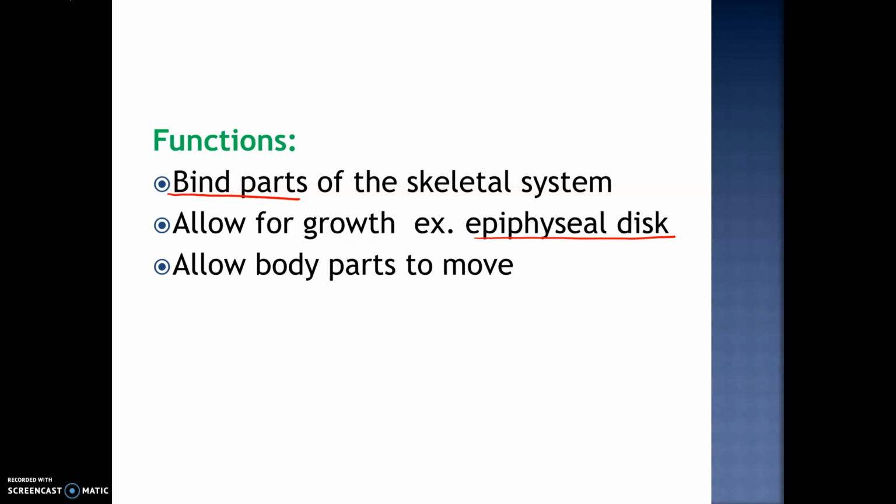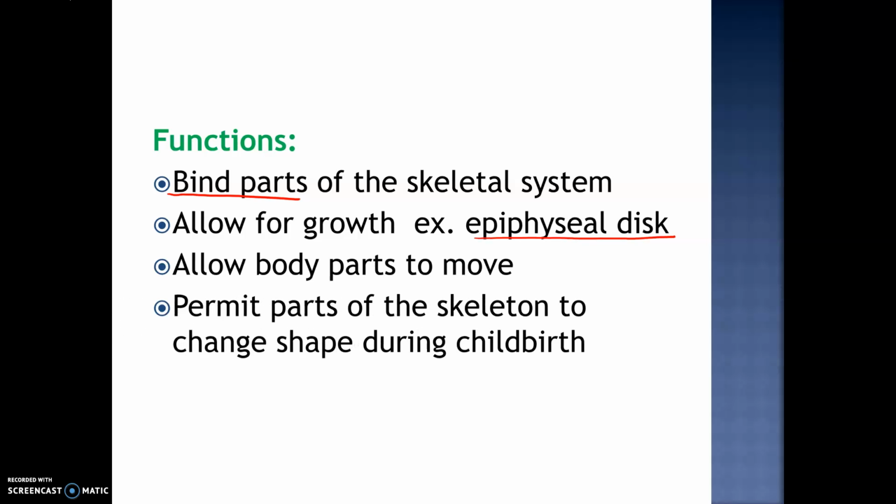So these joints, these in between parts of our bones, are going to allow that movement that we have in our body as well. And then it also permits parts of the skeleton to change shape during childbirth. So a good example of this is our skull and those epiphyseal discs as well.